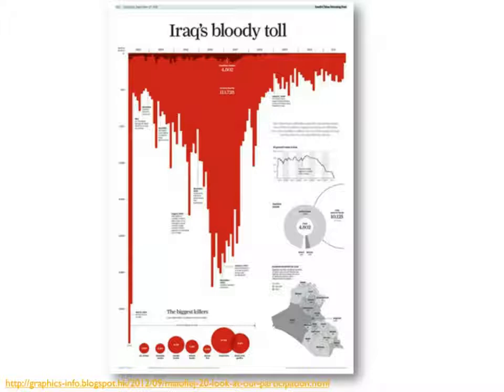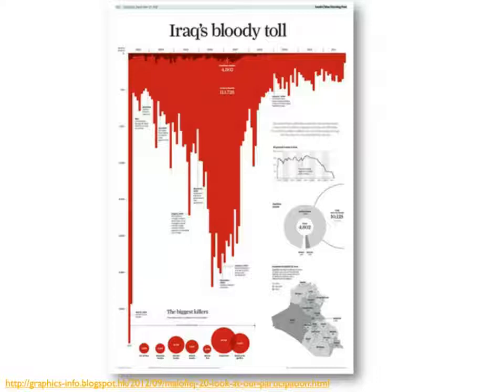He's saying that unquestionably there were a huge amount of deaths in Iraq. So the downwards red bars make it look like blood. The title, Iraq's bloody toll, sets out how Simon Scarr wanted you to interpret the chart.